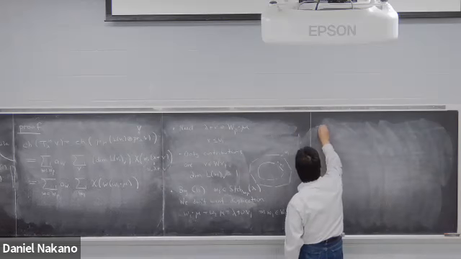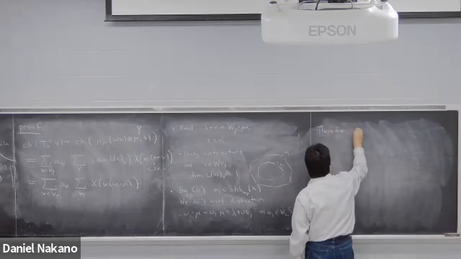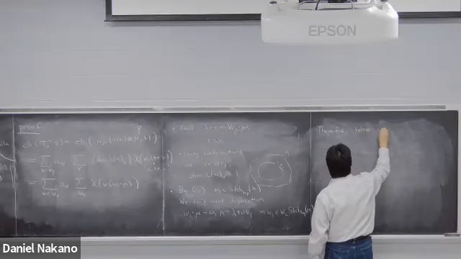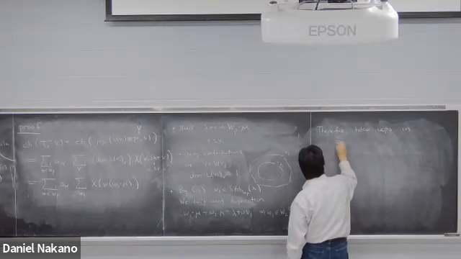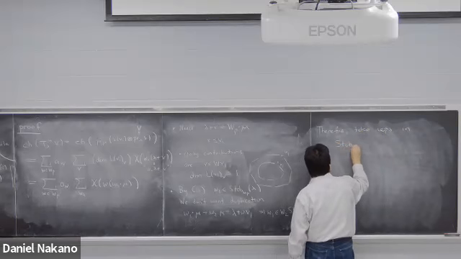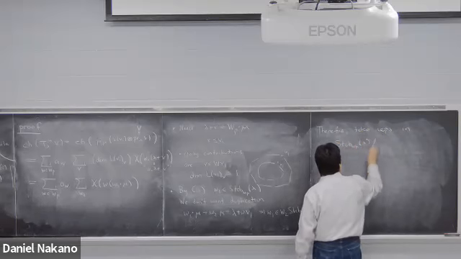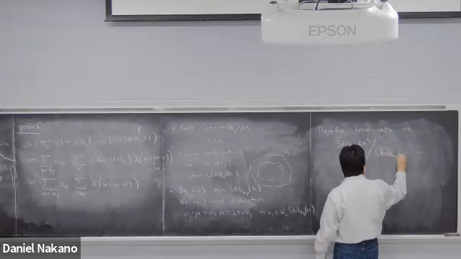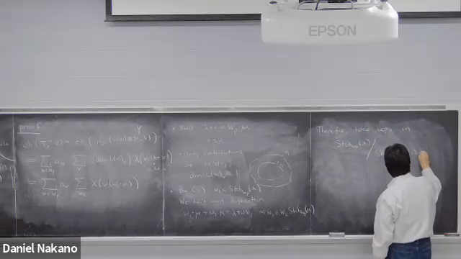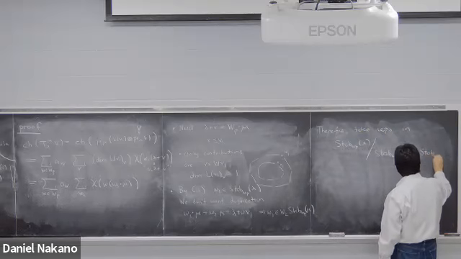So therefore, take representatives in stabilizer WP lambda by stabilizer WP lambda intersection stabilizer WP.